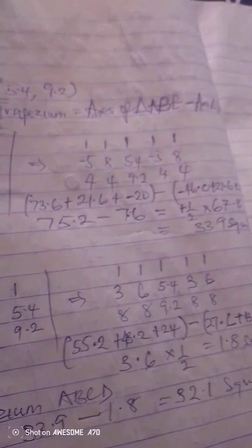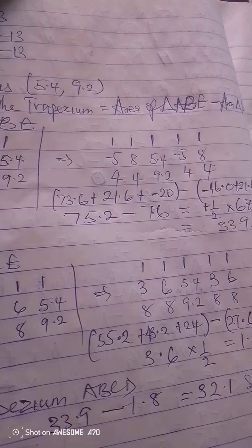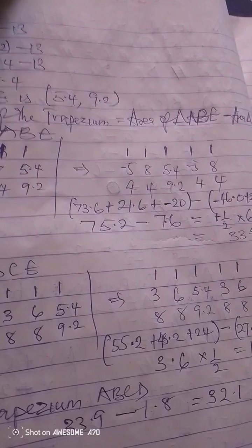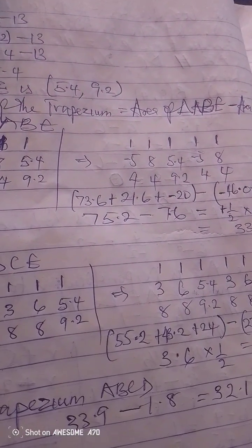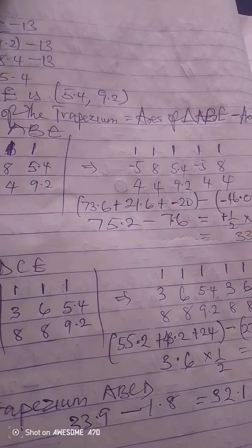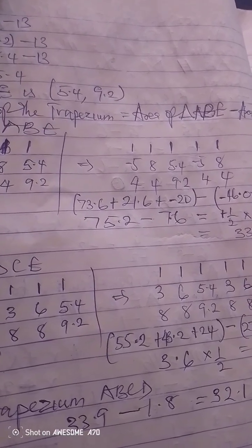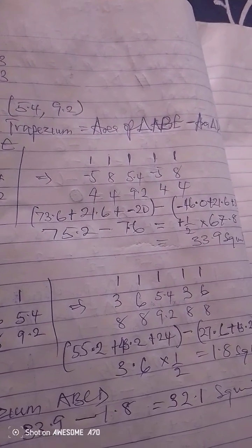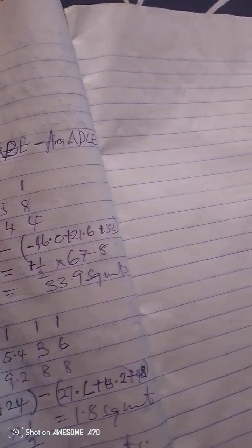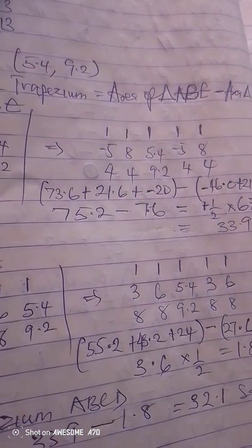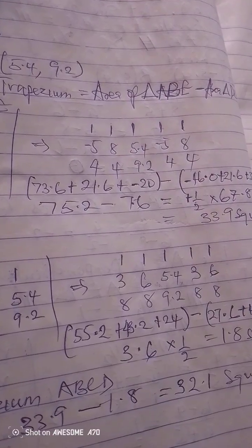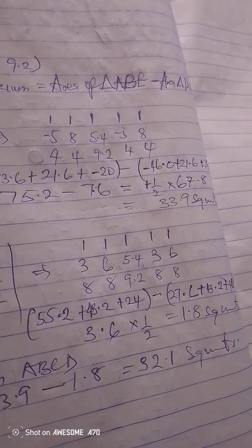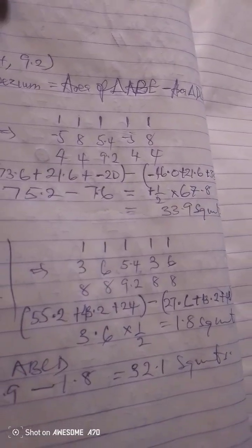So substituting the coordinates using Lewis method for finding 3 by 3 matrix determinant, taking the major diagonals first, we have 73.6 plus 21.6 minus 20 minus, bracket open. Now taking the minor diagonal, we have minus 46 plus 21.6 plus 32. So evaluating that, you have 75.2 minus 7.6. That gives us 67.8 multiplied by half, positive half. That gives us 33.9 square units.